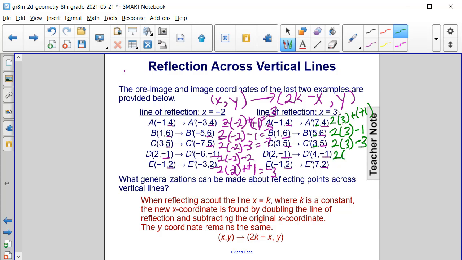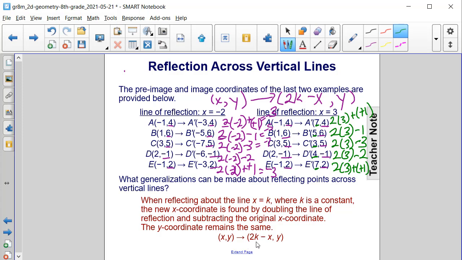The line of reflection value is 3 minus 2. 6 minus 2 does give us 4. 2 times 3 minus -1. This becomes a plus. 6 plus 1 does give us 7.